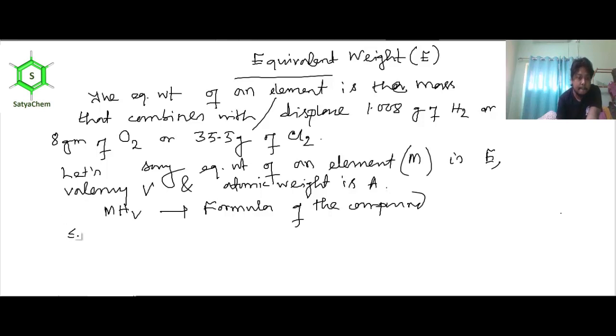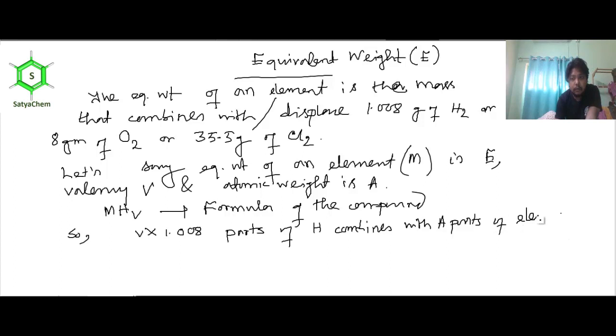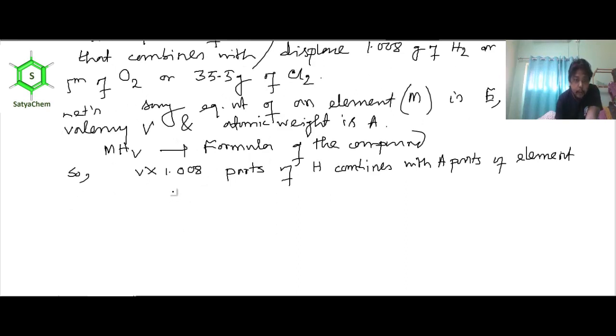So if the formula of the compound is MHV, then it is clear that V into 1.008 parts of hydrogen combines with A parts of element, and 1 part of hydrogen combines with A by V into 1.008 parts of the element.